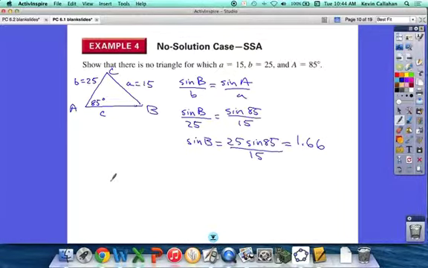Again, is it possible that the sine of an angle equals 1.66? No, because the sine is between -1 and 1. That's how you know there's no triangle. Just solve it. If you get to a point where you get something like that, which is not possible, then you say it's not possible. There's no triangle.